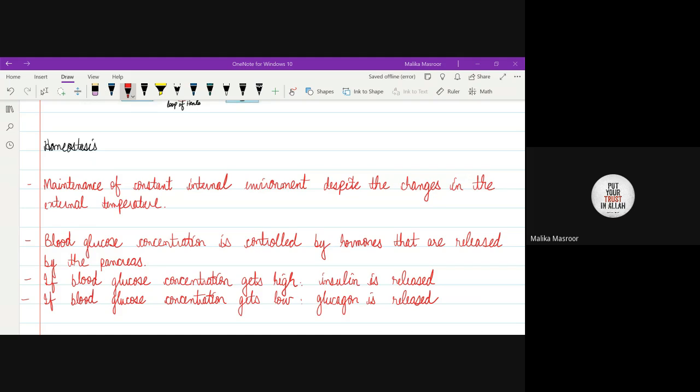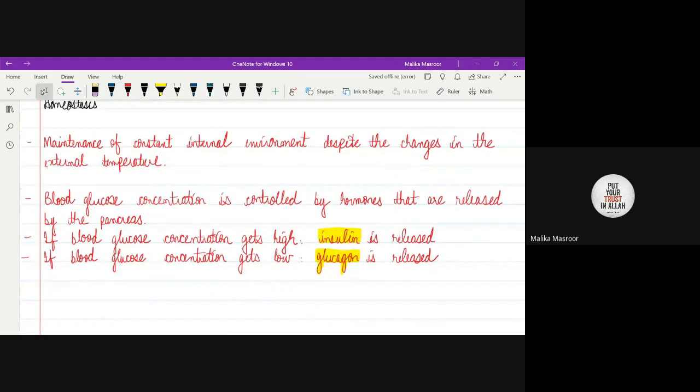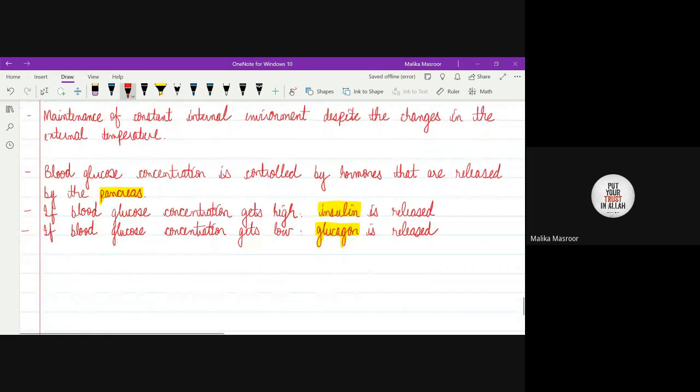So you have insulin and glucagon, and both of them are released by the pancreas. The pancreas has a unique feature: it is both an exocrine and an endocrine organ.